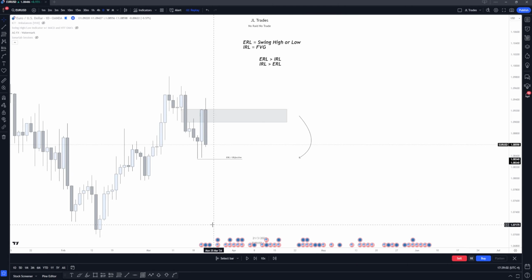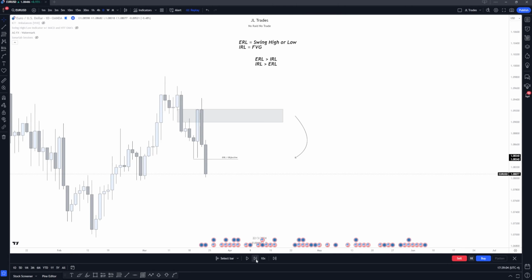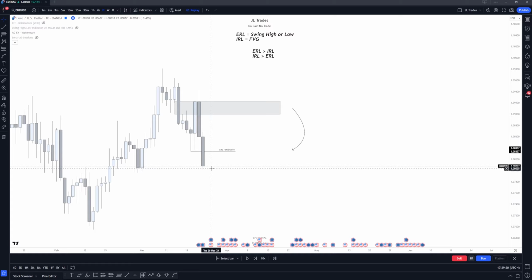So going into Friday, I still have a bearish bias, and now our objective has been completed. Once an ERL is completed, once the objective, guys, is completed, there is nothing to do. As of right now, all I can see it doing is going lower.